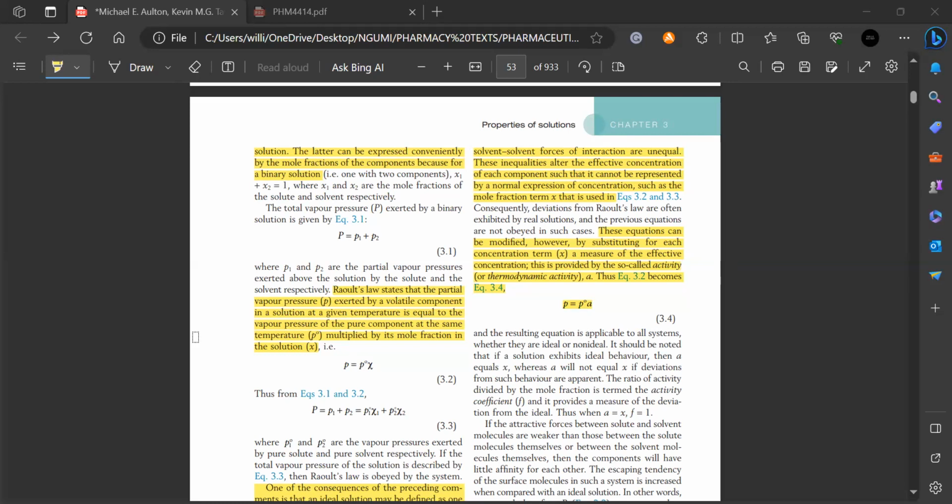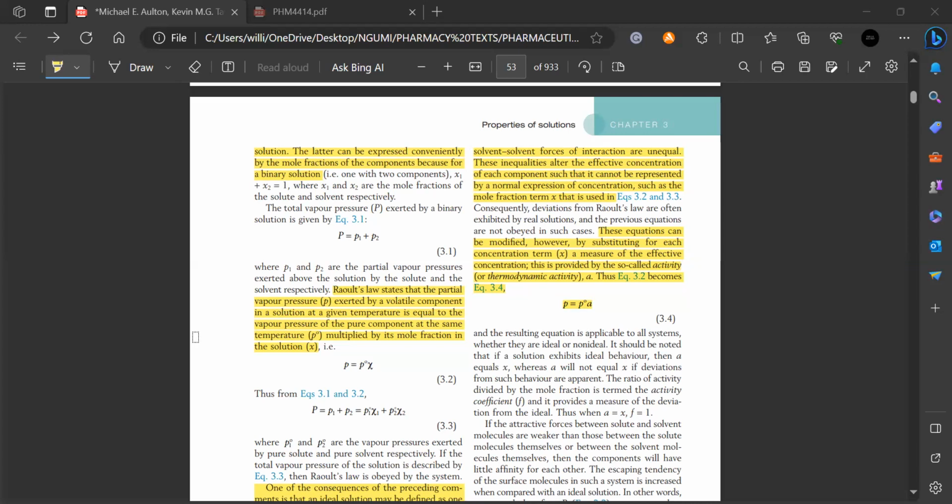So just picture it as if in an ideal solution, the forces of attraction are at an equilibrium: they're in equal amounts when they're separated, as they are in equal amounts when they are diluted.